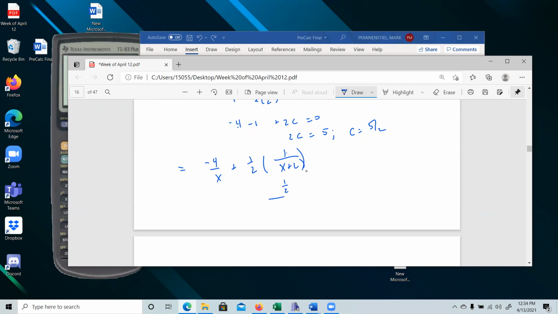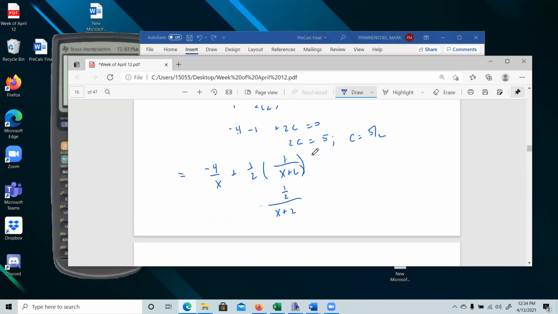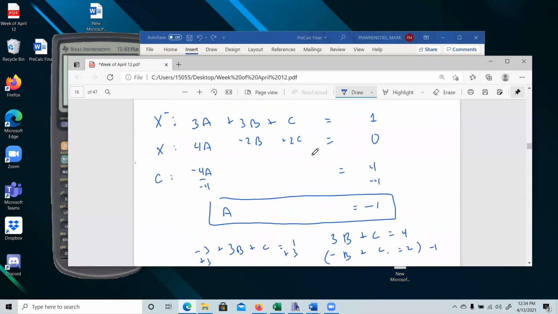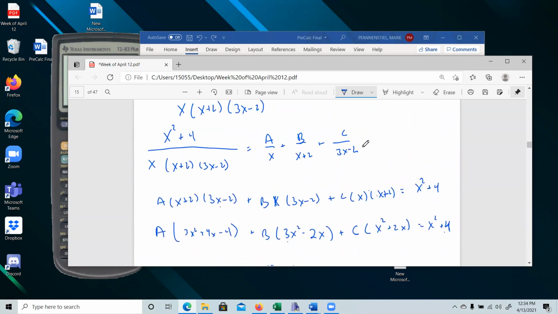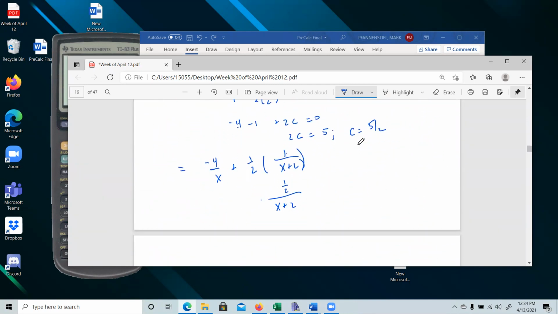This always confused me a little bit when I got to calculus, so if I just threw it out in the front, it was a lot easier for me to see it. But they're both equivalent, so it's fine. And then the last one, c was over what? 3x minus 2. So this is going to be plus 5 halves over 3x minus 2. There's our answer.